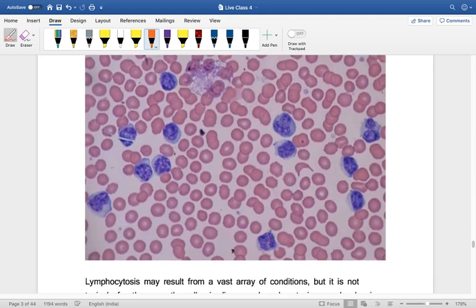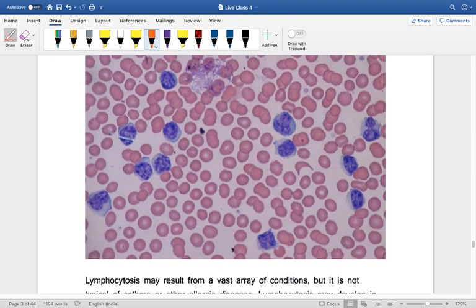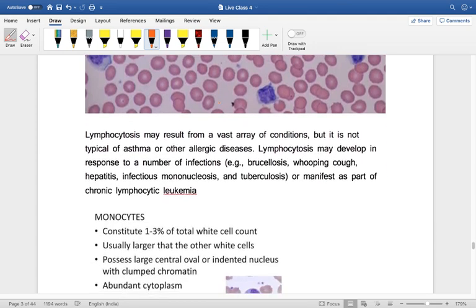Okay? Now, what are you seeing here, doctor? Lymphocytes, which are increased. So this is a typical peripheral smear of lymphocytosis. Lymphocytosis can develop in brucellosis, whooping cough, hepatitis, infectious mononucleosis, TB, and also chronic lymphocytic leukemia.